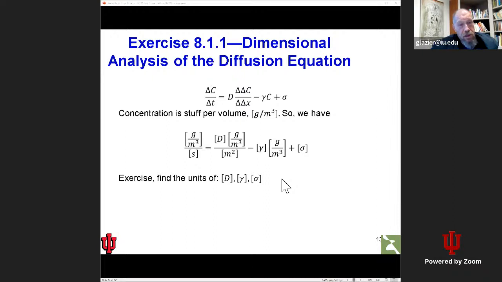If I try to add a string and a number, it'll get confused. Now, of course, I can multiply a string and a number in Python, but I can't add them. So yes, sigma has units of grams per meter cubed per second. Okay, what about gamma?